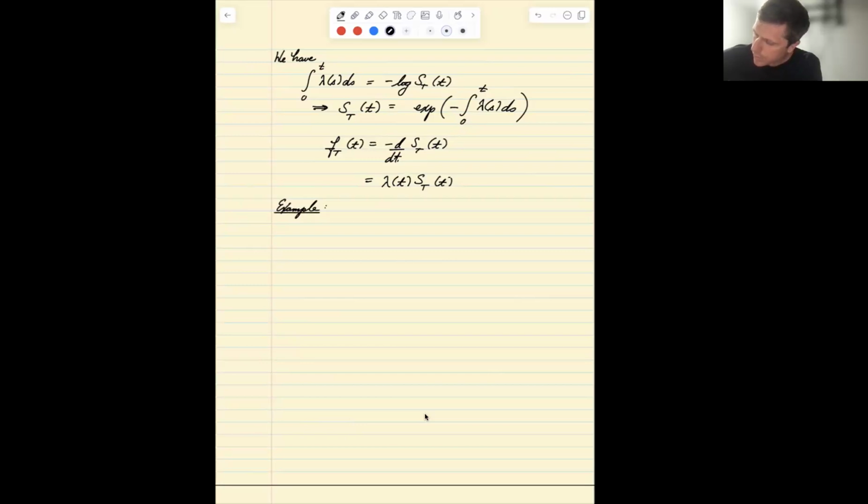Number one, if lambda of t is a constant for all t, then the survival function is e to the minus rho t, and the density, which is the hazard function times the survival function, are exactly the density and the survival function of the exponential with parameter rho.